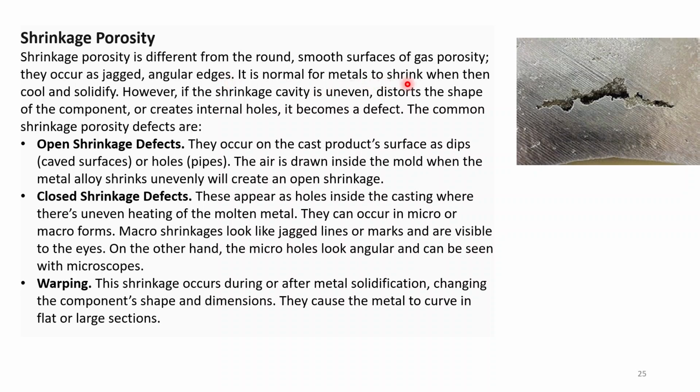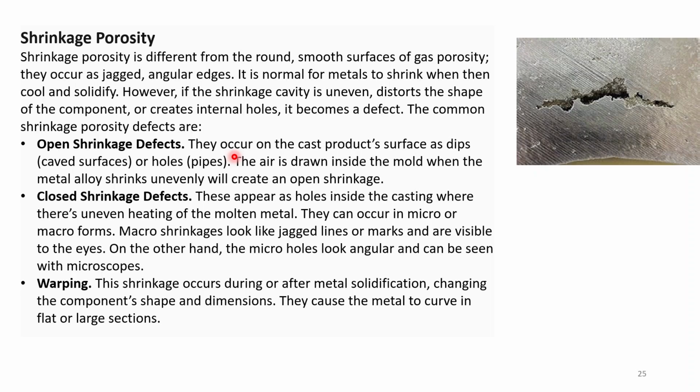It is normal for metals to shrink as they cool and solidify. However, if the shrinkage cavity is uneven, distorts the shape of the component or creates internal holes, it becomes a defect. The common shrinkage porosity defects are open shrinkage defects, closed shrinkage defects, and warping.